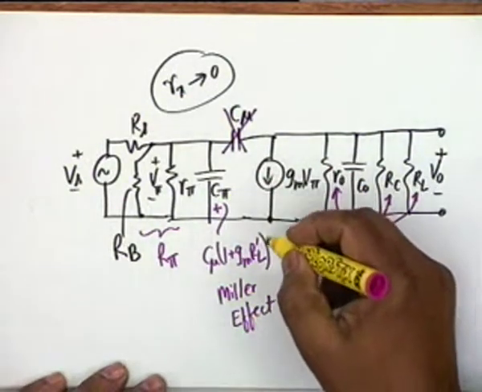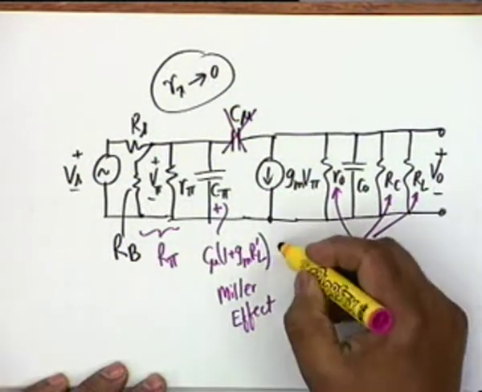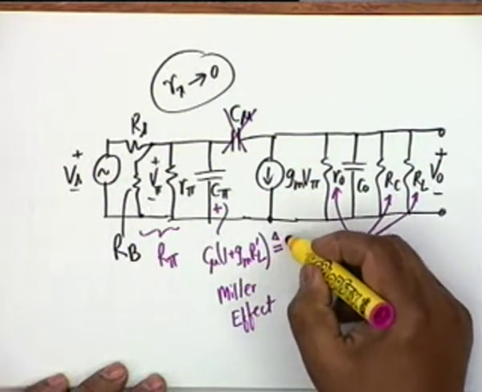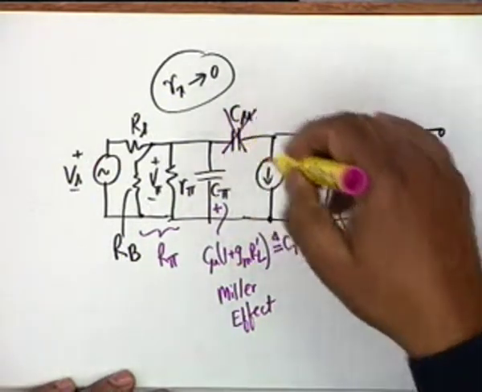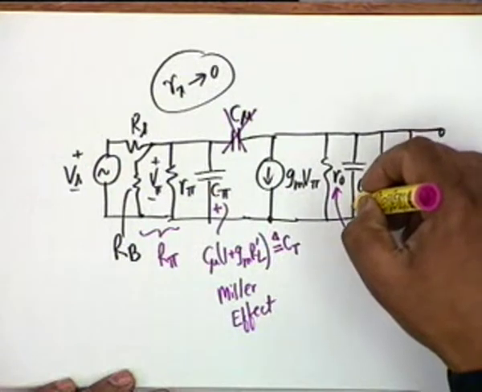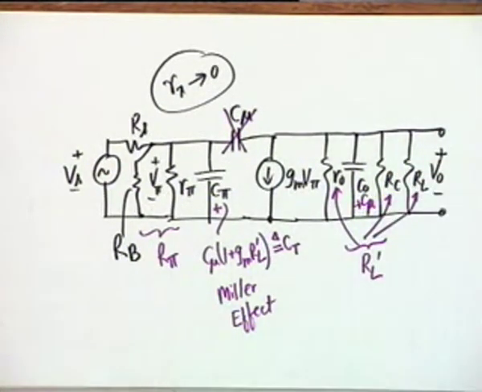And we had called this total capacitance C pi plus C mu (1 plus gm RL prime) as C subscript capital T, and C mu reflects on the output side by adding a capacitor to C0 plus C mu. This is an approximate Miller equivalent circuit.